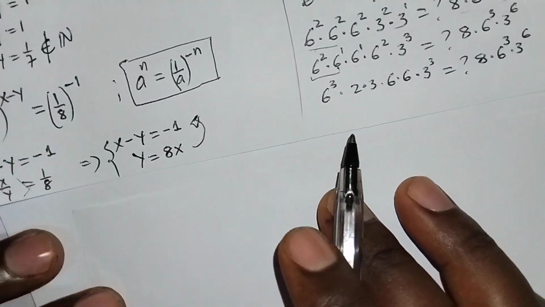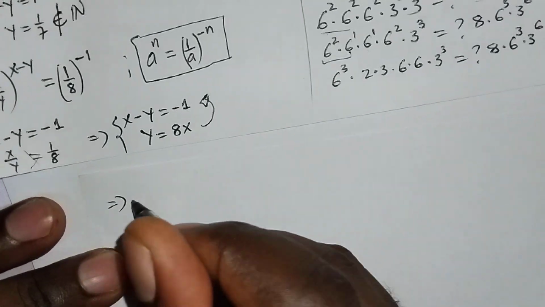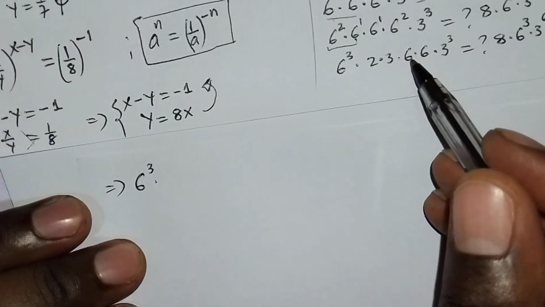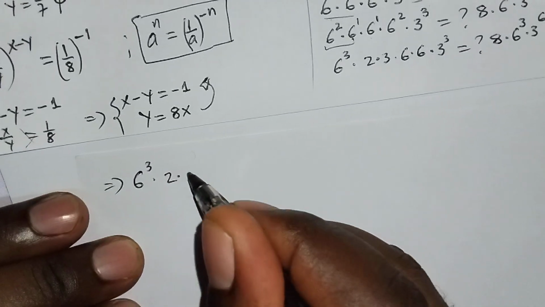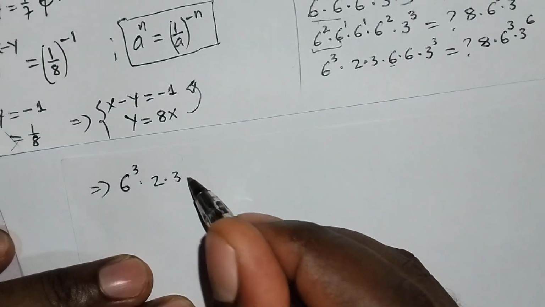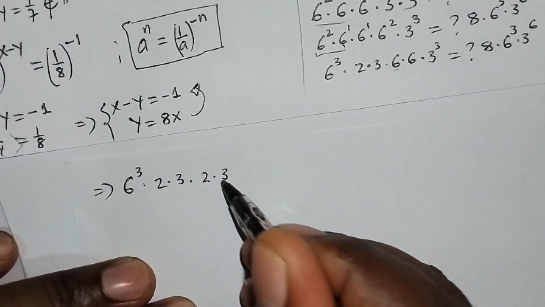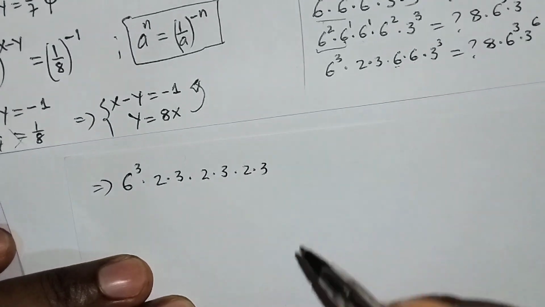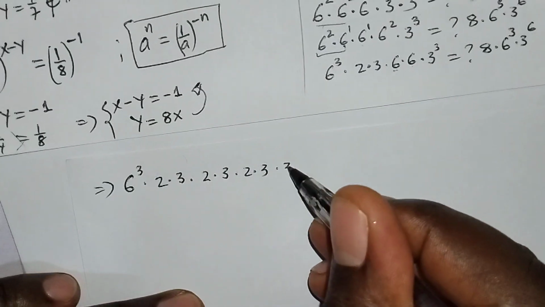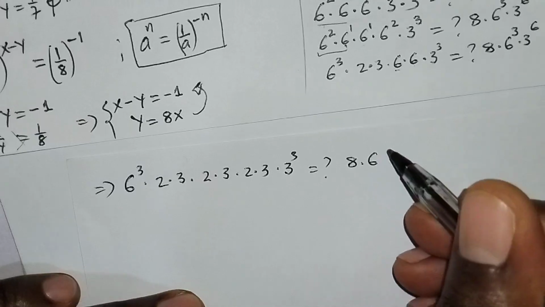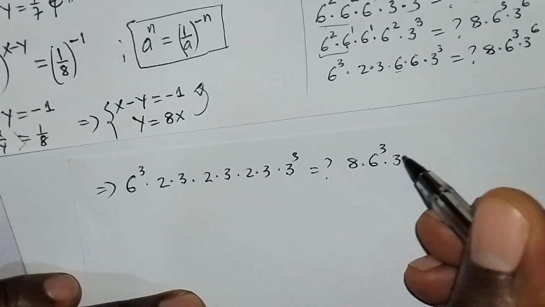Then 6 power 3 times is 2 times 3. Here again it is 2 times 3, and here again it is 2 times 3. Then times 3 cube. Is it equal to 8 times 6 power 3 times 3 power 6?